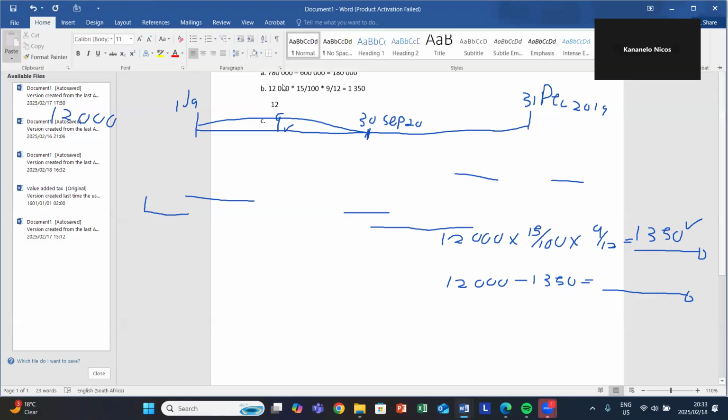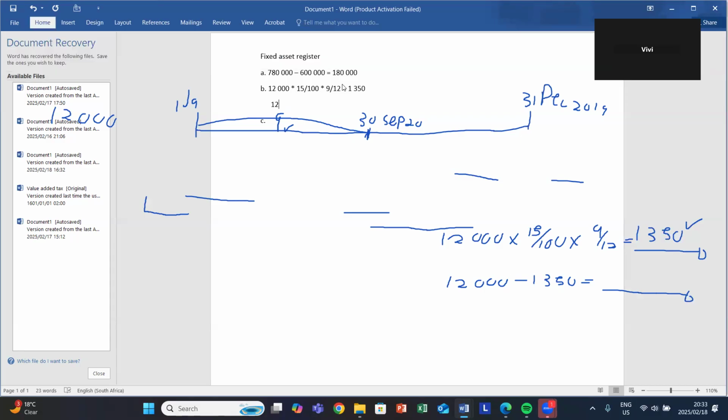And the 1,350 was from January to the 30th of September, the depreciation. So we had to take the carrying value at the beginning and minus it.